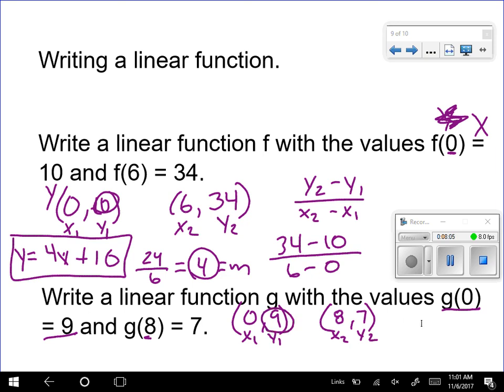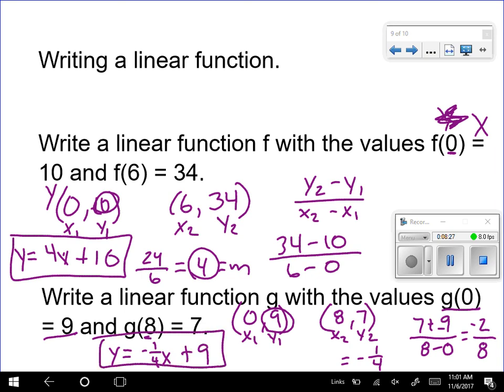So now we just have to figure out the slope. 7 minus 9 over 8 minus 0 would give us negative 2 over 8, or negative 1/4. We already said our y-intercept's at 9, so we have negative 1/4 x plus 9. There would be our equation.